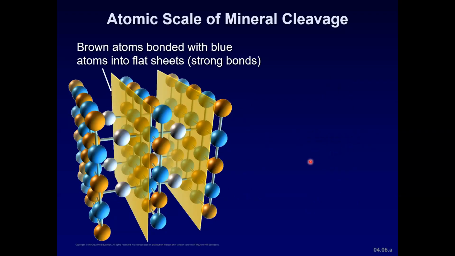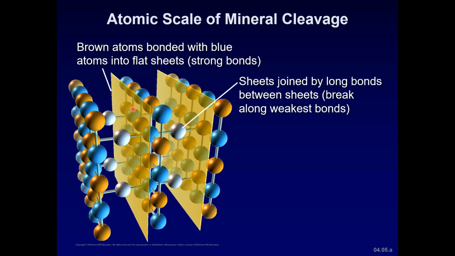And we'll go back to mineral cleavage, or breakage, really. These sheets represent a direction of cleavage or breakage. First off, we have these brown atoms bonded to blue atoms. They're pretty strong bonds. But the sheets are joined by these gray atoms, and this is a weaker bond.